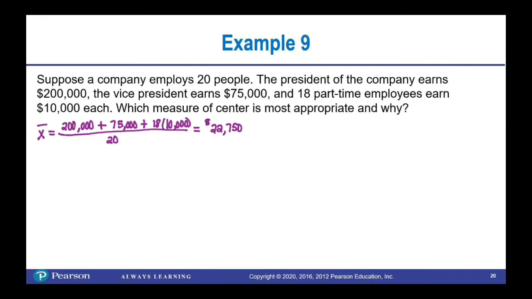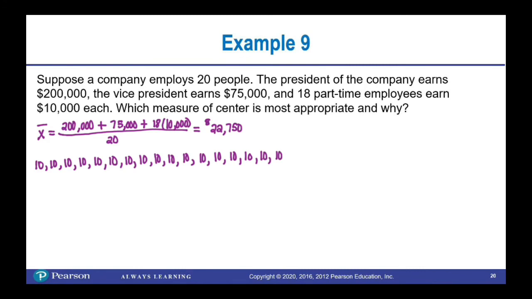Let's look at the median. For simplicity's sake, instead of writing 10,000, I'm going to write 10 to represent 10,000, 75 to represent 75,000, and 200 to represent 200,000. Now there are 18 employees who earn $10,000, so I'm going to list 18 tens.